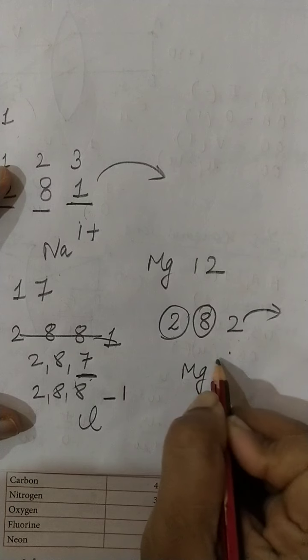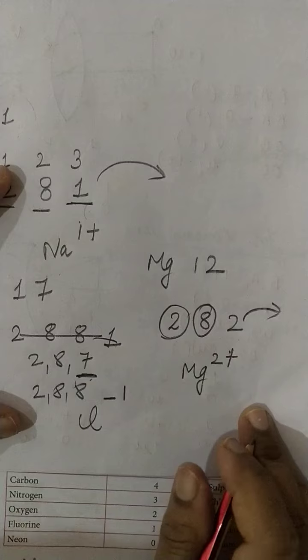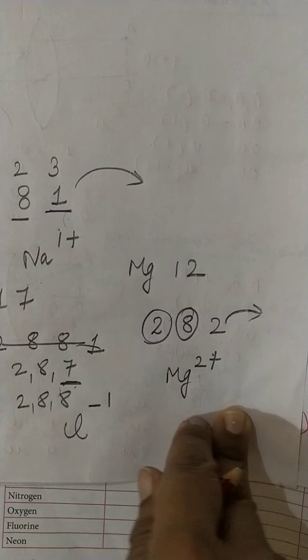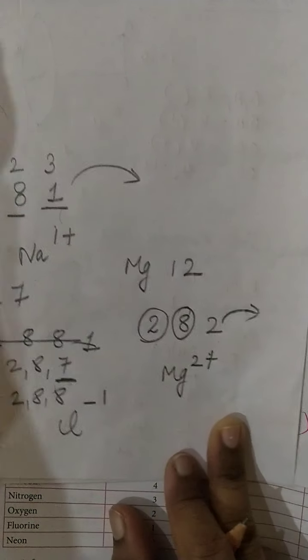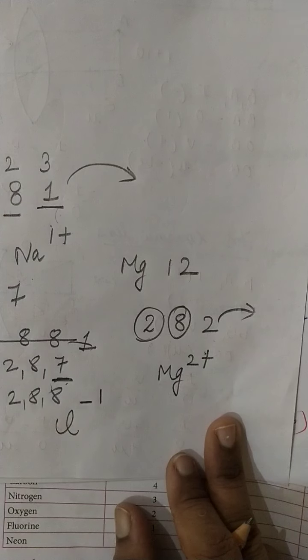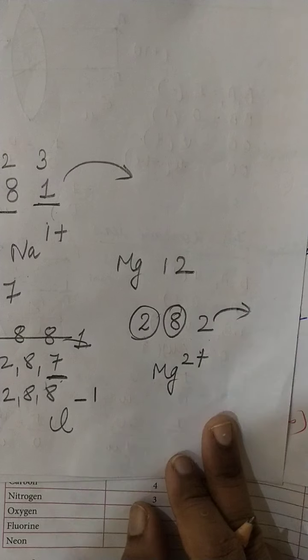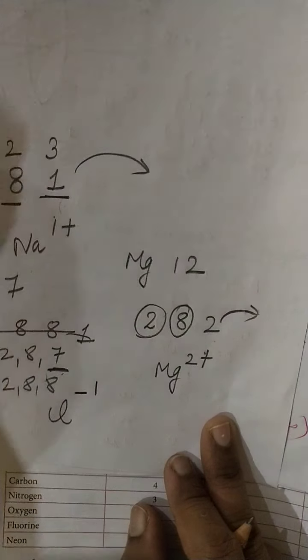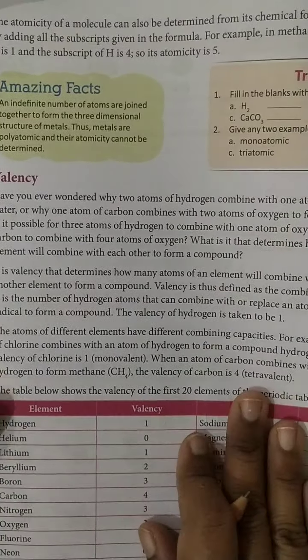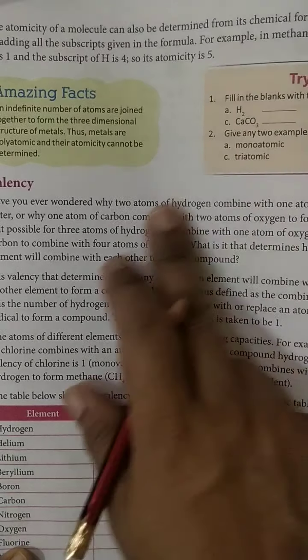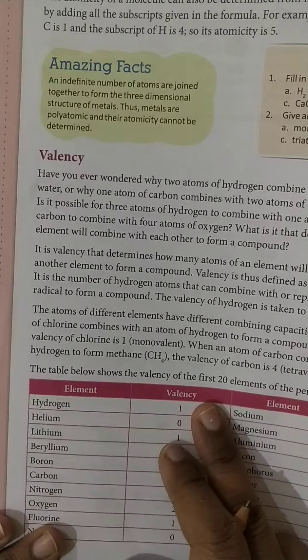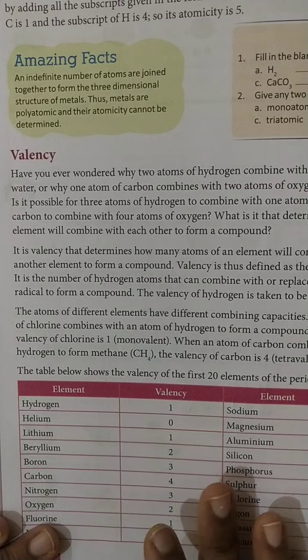So its charge becomes Mg2 positive. So its valency is how much? 2 positive. Combining means how many electrons it is donating, or accepting, 1 electron, 2 electrons, 3 electrons. That is valency, combining capacity.